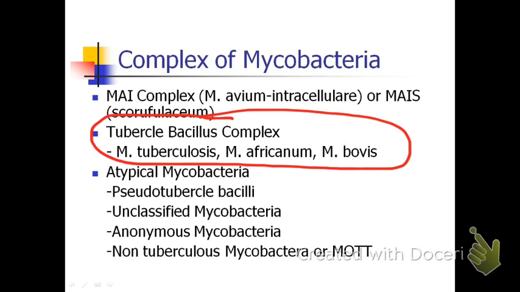Other complexes would include the MAI, the Avium intracellulare scrofulaceum complex, and the atypical mycobacteria, sometimes known as pseudotubercle bacilli, unclassified mycobacteria, anonymous mycobacteria, or the MOTT, mycobacteria other than tuberculous mycobacteria.